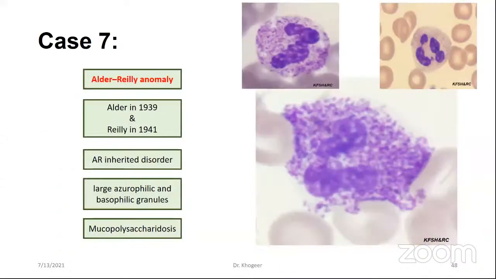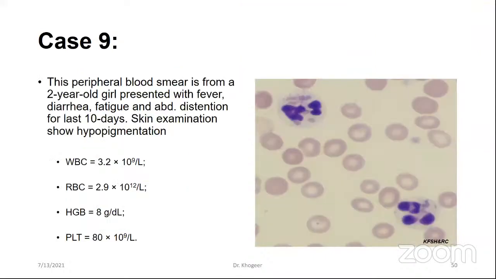Okay, so this peripheral blood smear is from a 2-year-old girl who presented with fever, diarrhea, fatigue, and abdominal distension for the last 10 days.